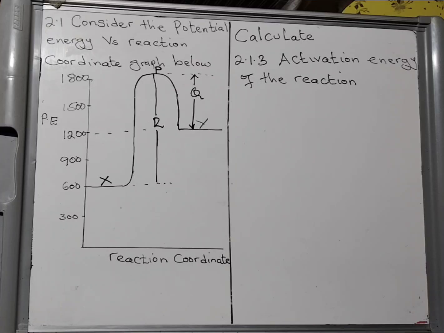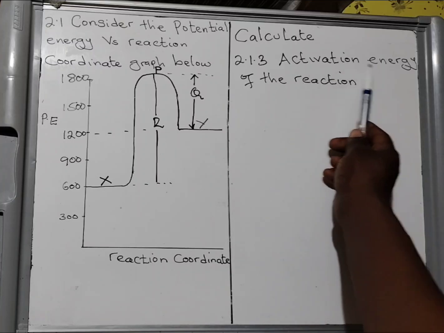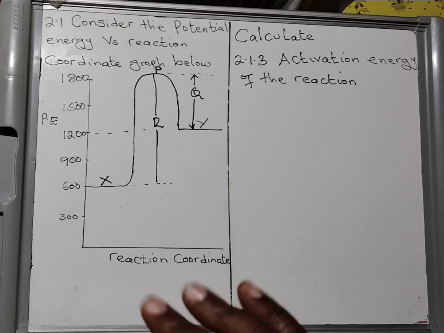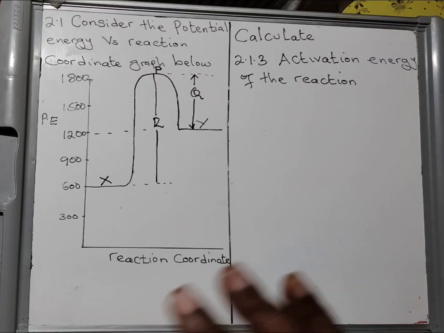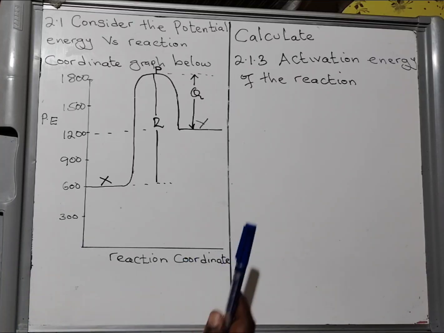And when the question comes like this one, the implication is that the activation energy wanted is for the forward direction. If they want it for the reverse, they would have to put it in the statement. Once it's just flat without any direction, then it's forward direction.